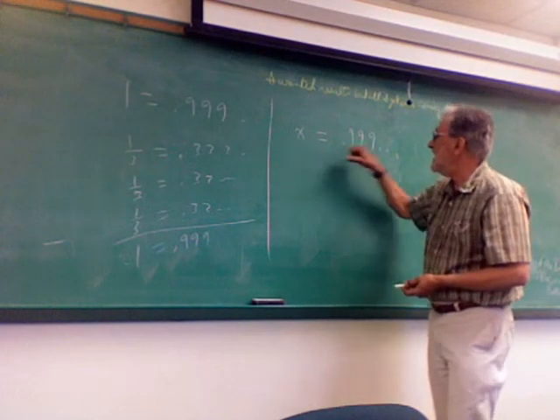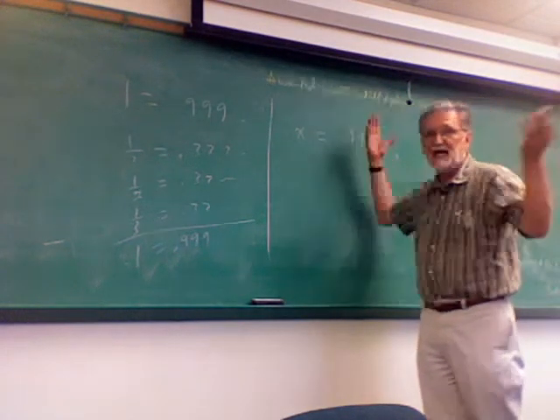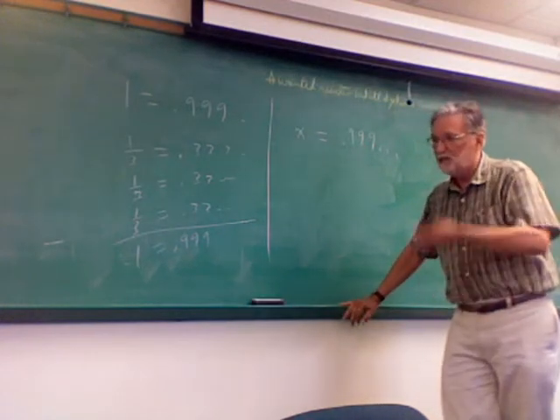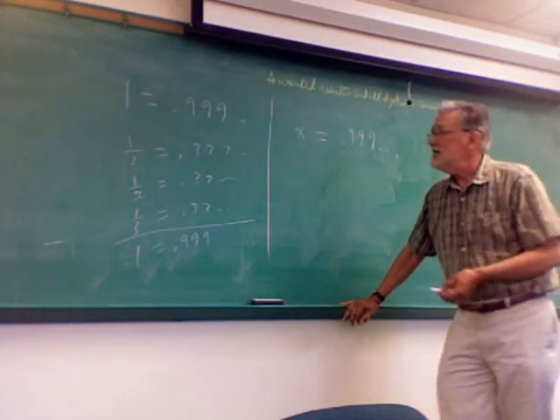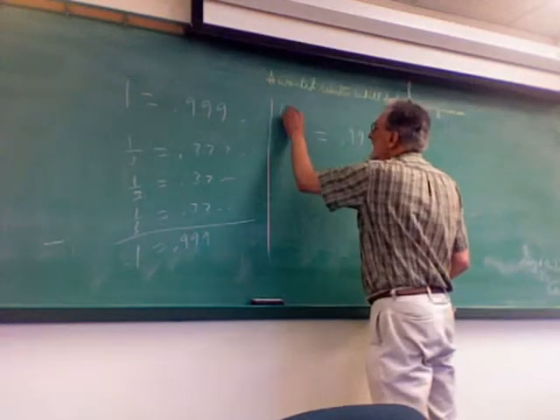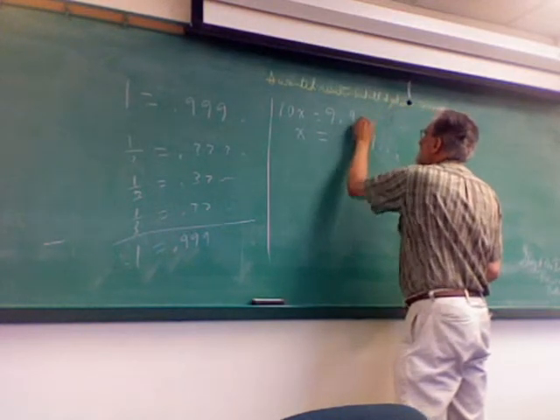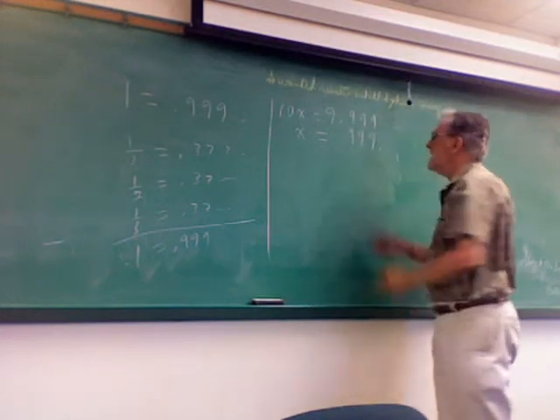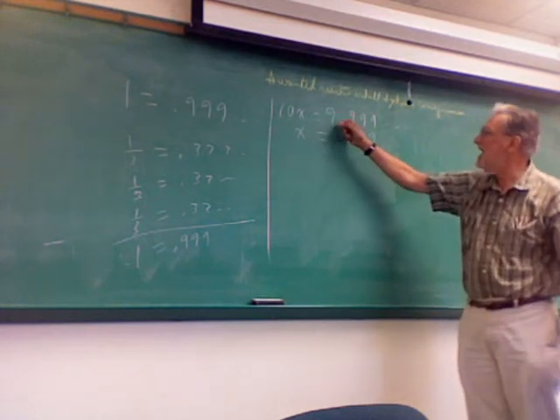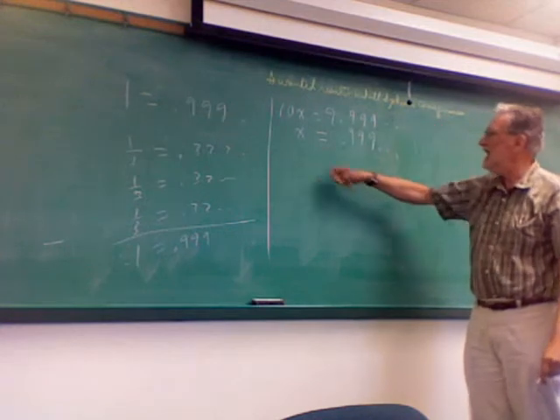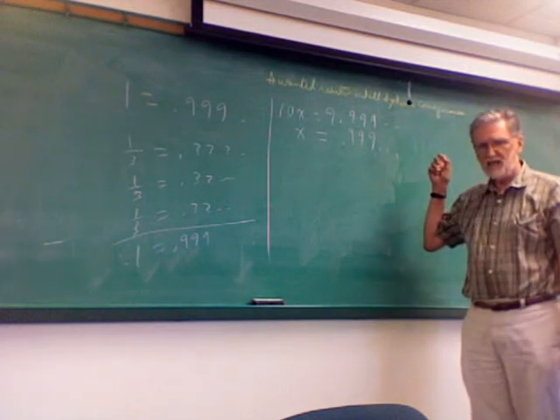All right, so I got x equals 0.9999..., and I'm saying, look, I don't know what 0.999... is, but at least it's something. Now, if I multiply both sides by 10, I'll get 10x is 9 point and a bunch of 9s, and x is just a bunch of 9s.